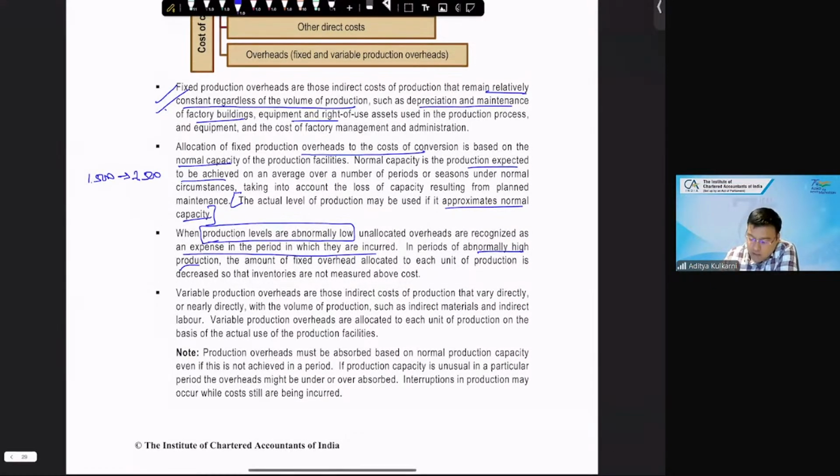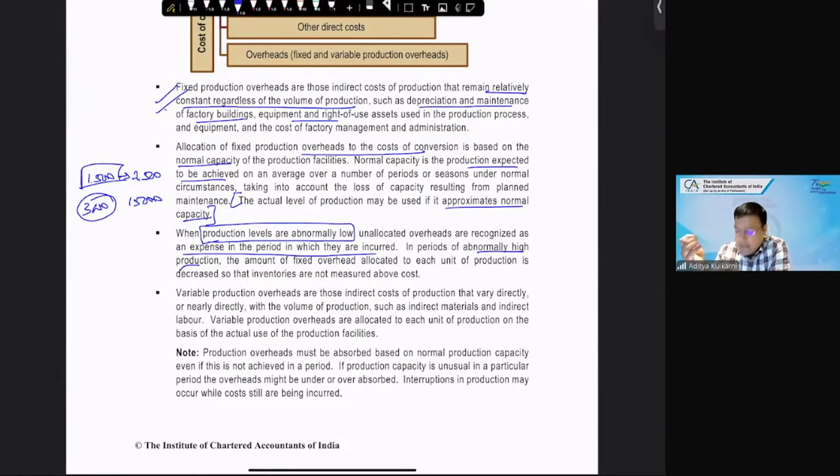If your actual production is 15,000, does it mean you will show 3,000 as the absorption? आप नहीं दिखा सकते. You cannot show 3,000 because you have incurred only 1,500. If you show 3,000, your inventory is getting overvalued beyond the cost. Are you able to understand? Your inventory is getting overvalued above the cost, which is not right because your cost is only 1,500.